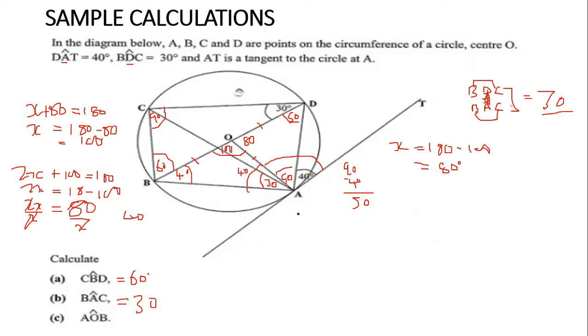AOB. So this one is AOB and that one is 100 degrees. And we have answered all the questions appropriately. So please be very good and have foresight of identifying all the rules that we have looked at.